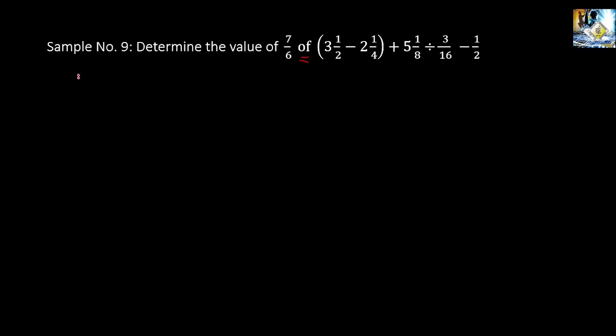So we rewrite the question: 7 over 6 of the quantity 3 1/2 minus 2 1/4 plus 5 1/8 divided by 3 over 16 minus 1 half.